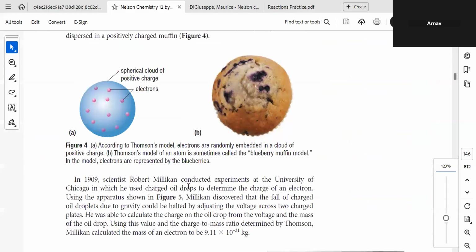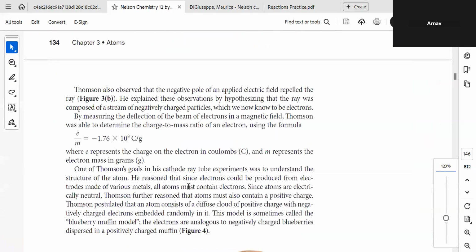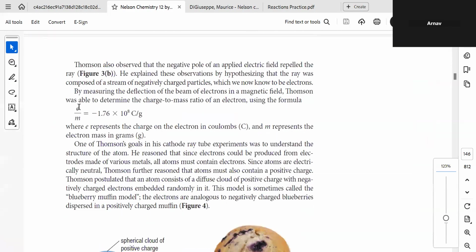It's not actually the mass, but he discovered the e by m, sorry, charge to mass ratio. Charge to mass ratio, e by m. And this was the way he said that it's a particle because it has some mass. But he didn't discover the mass, he discovered that it has a charge to mass ratio. And he calculated that.